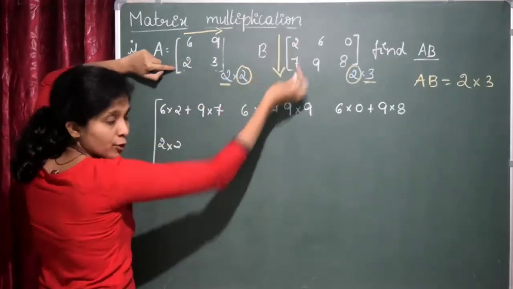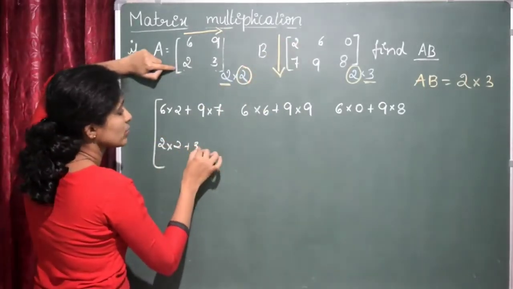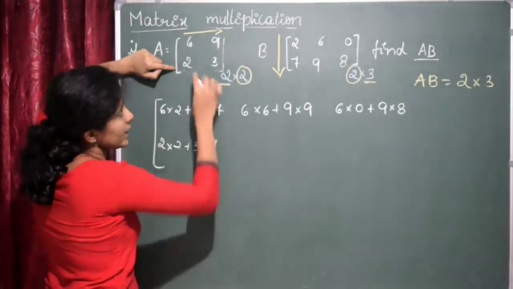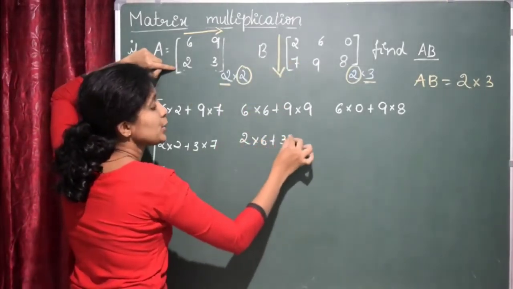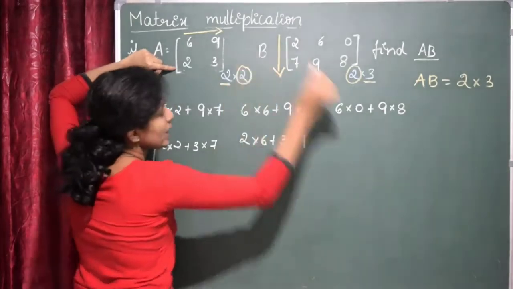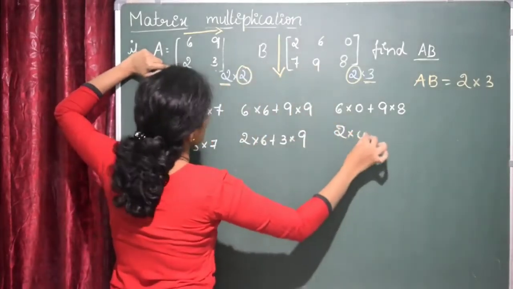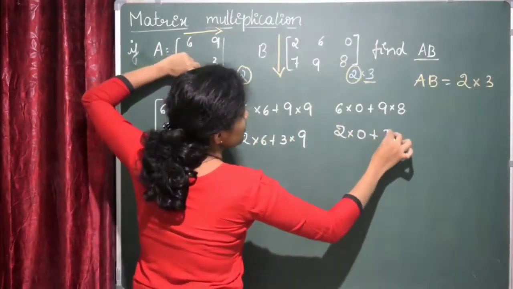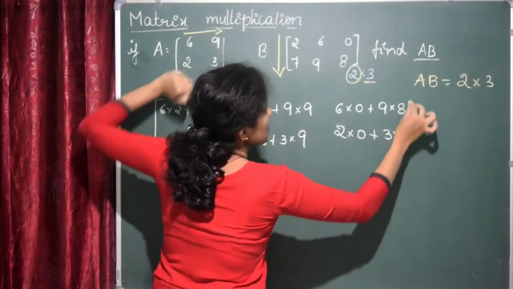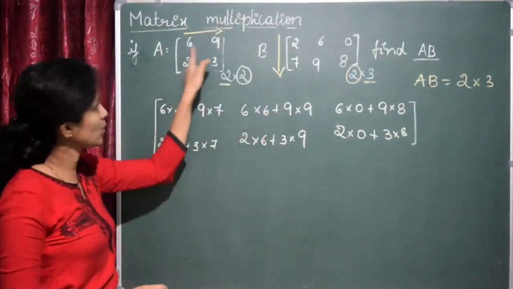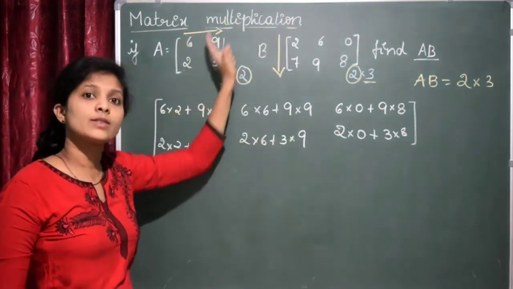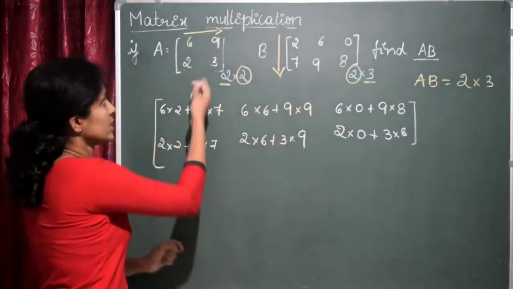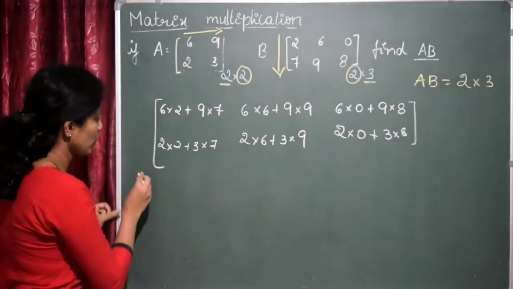Second row, first column, 2 into 2 plus 3 into 7. Next will be 2 into 6 plus 3 into 9. Next will be 2 into 0 plus 3 into 8. Is it clear? First row, first column, then first row, second column, first row, third column. Similarly with the second row. I hope you understood this one.